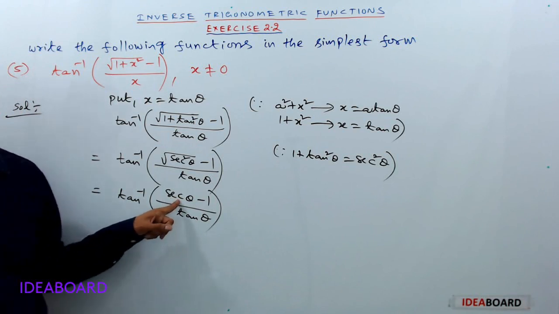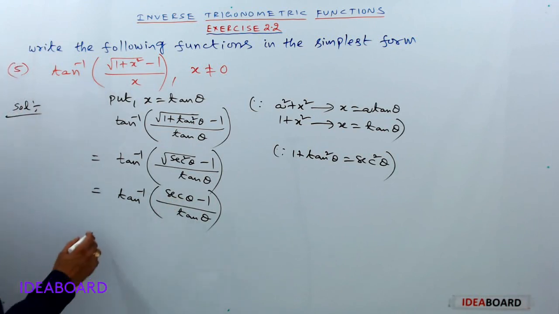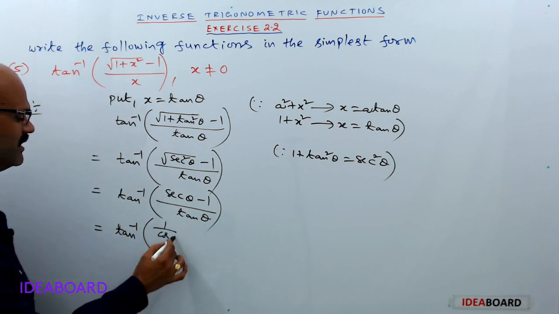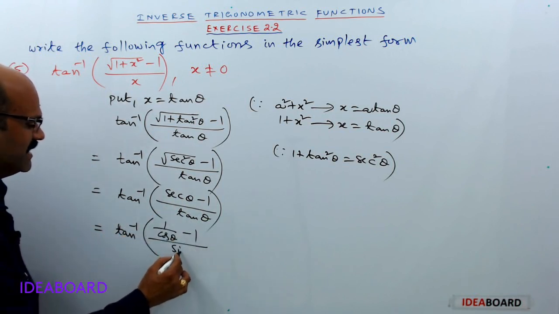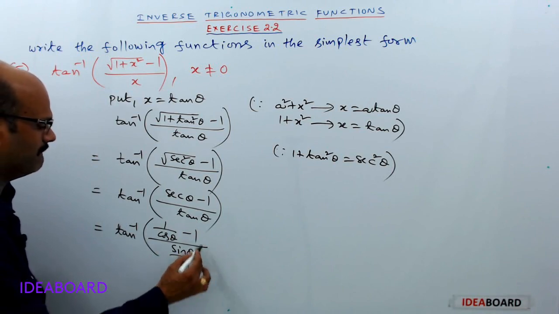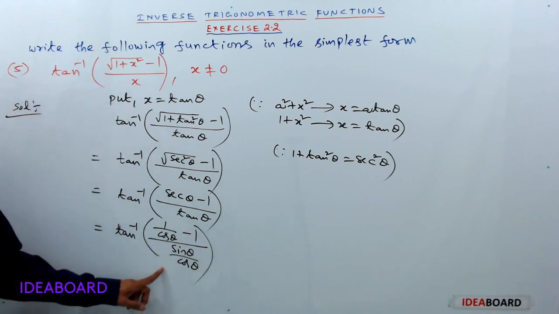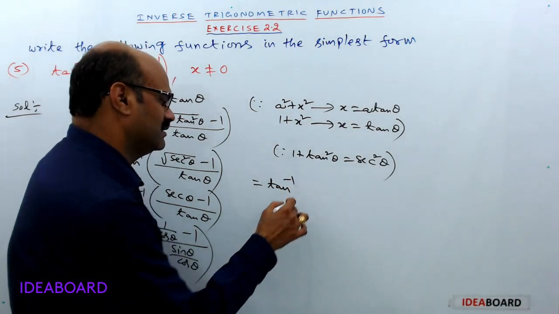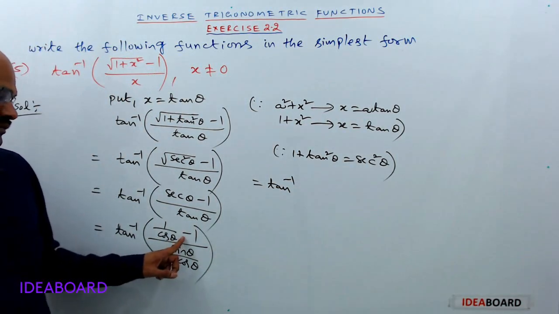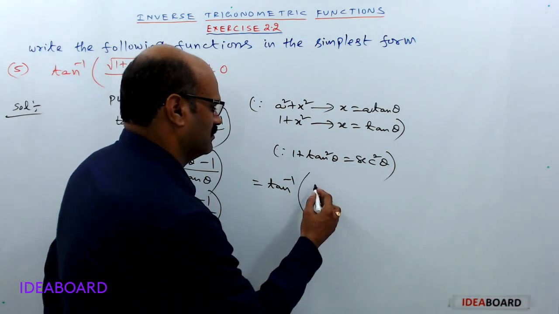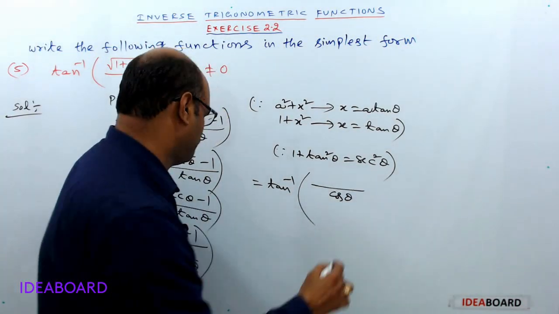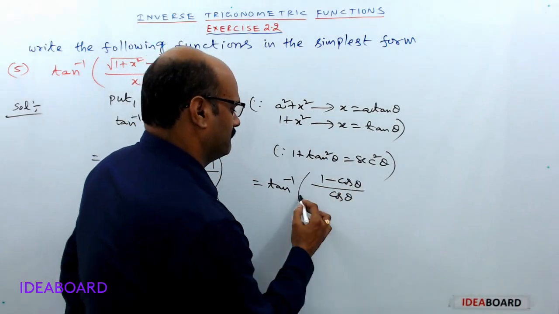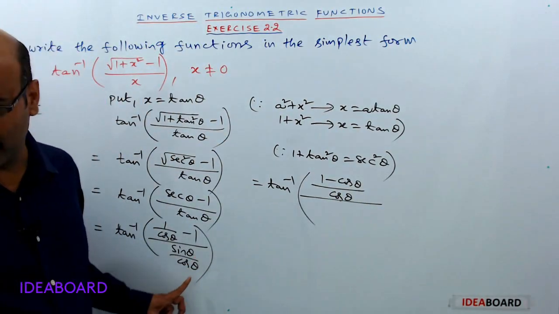Secant theta can be taken as 1 by cos theta. So tan inverse of 1 by cos theta minus 1 by sin theta by cos theta, it implies it's equal to tan inverse of, take LCM here, cos theta, 1 minus cos theta upon sin theta by cos theta.